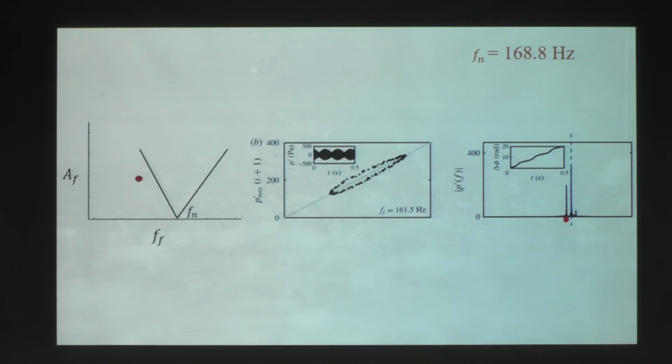If we come closer to the synchronization boundary, you can see there is a beating kind of phenomenon in the pressure signal, and also a loop type of structure in the first return map, which shows that there are two frequency signals, also visible here. There are two distinct frequencies, one natural frequency and one forcing frequency.